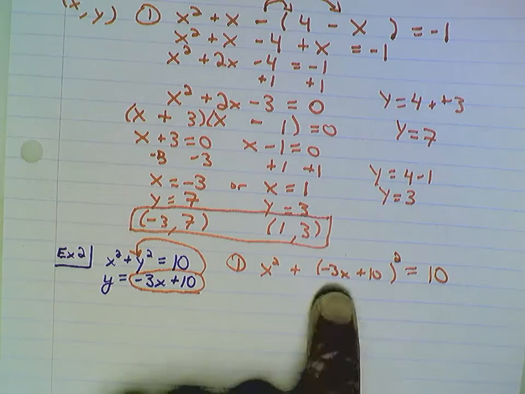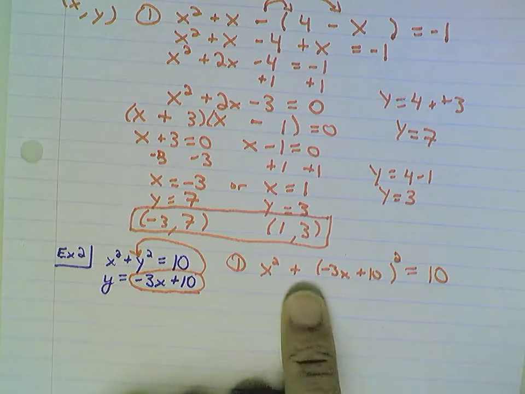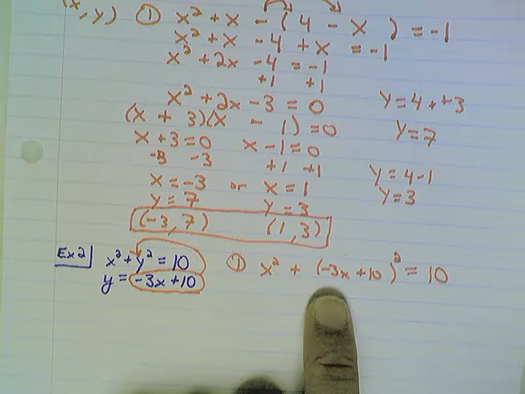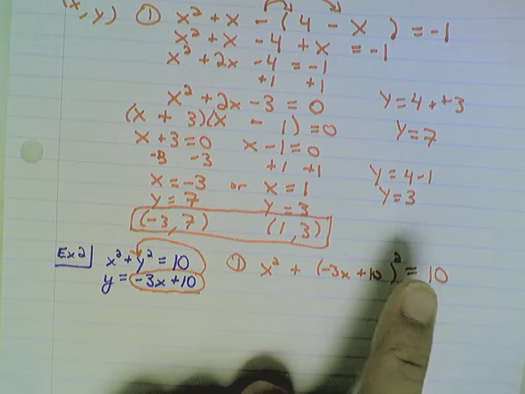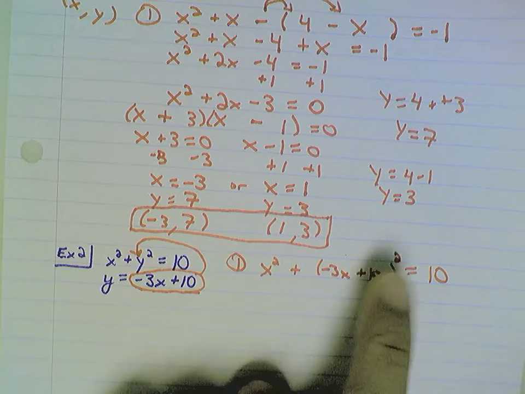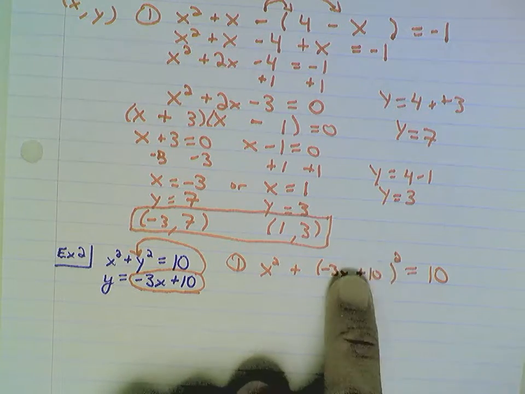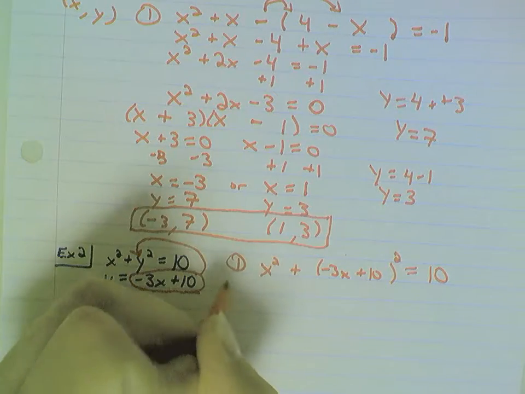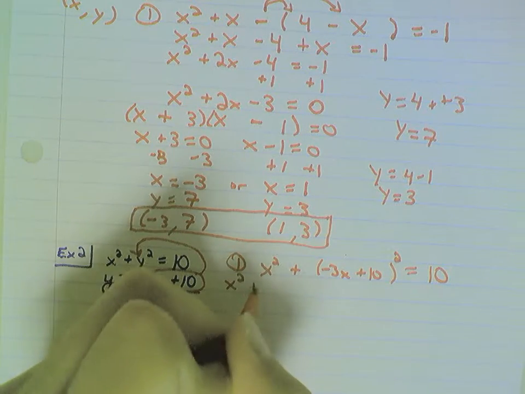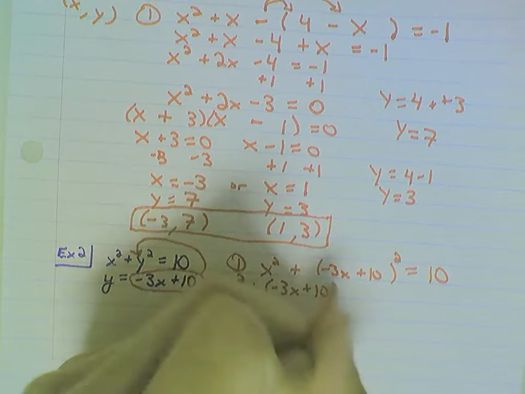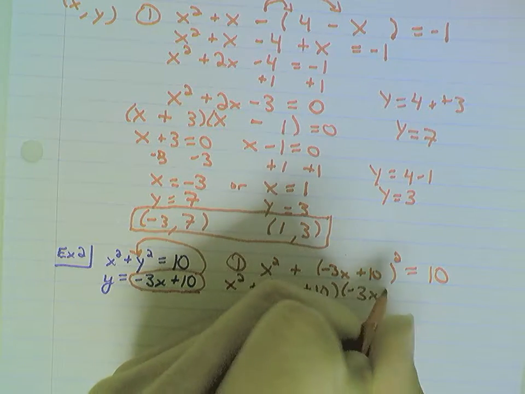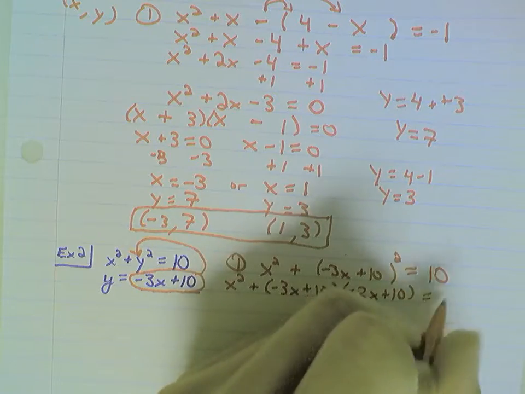At this point in the problem, it's really now about simplifying and solving for x. Well, anytime we have a parentheses or binomial being squared, we can expand it out and multiply it together. So I can rewrite this as x squared plus negative 3x plus 10 times negative 3x plus 10 equals 10.